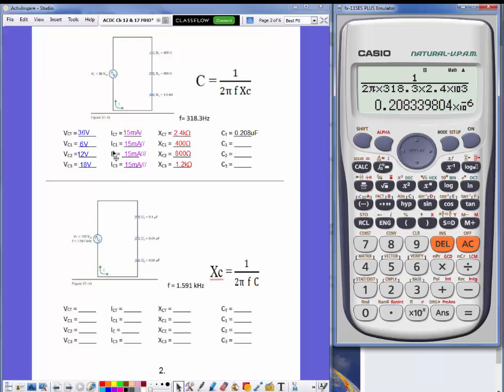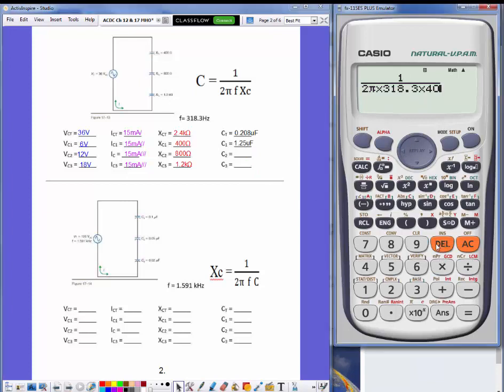When I get ready to do the next one, I'm going to use this same formula. Everything stays the same except capacitive reactance. I just go up here and change it out. So I still have 2 pi times f times my next capacitive reactance value of 400, giving me a value of this. Hit engineering. That's already in micro, so it's good to go, 1.25 microfarads.